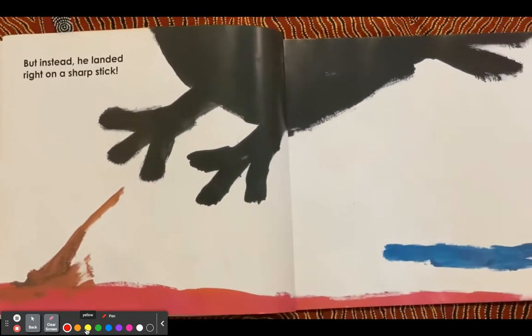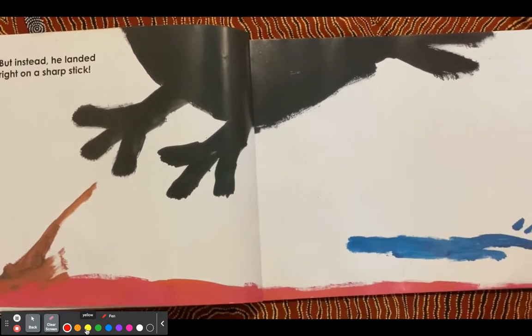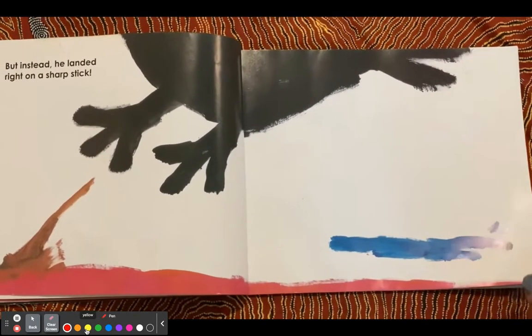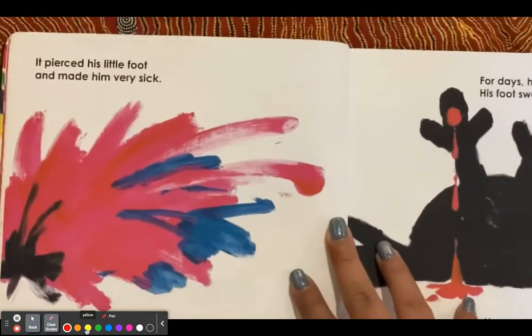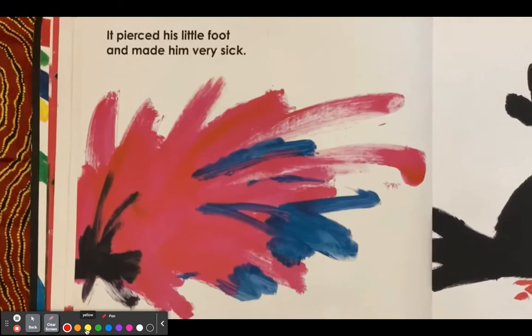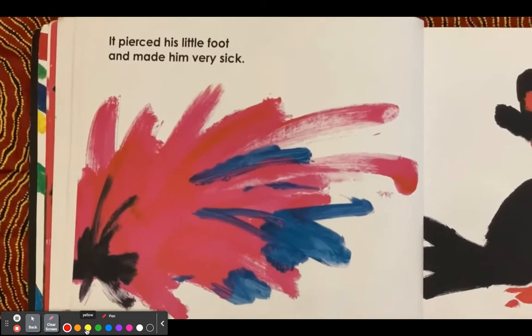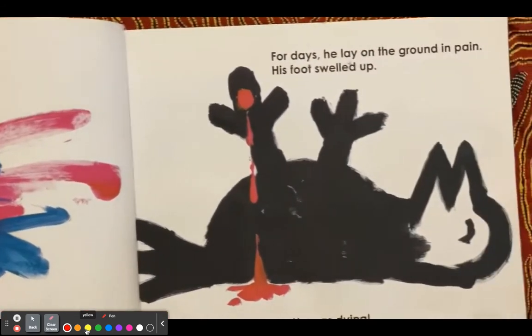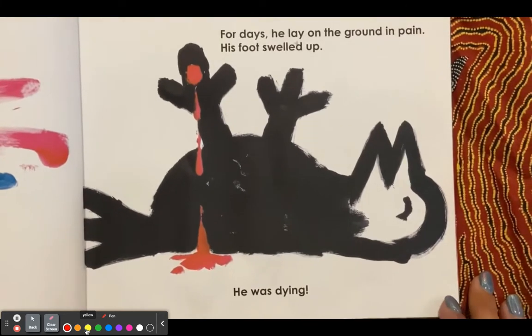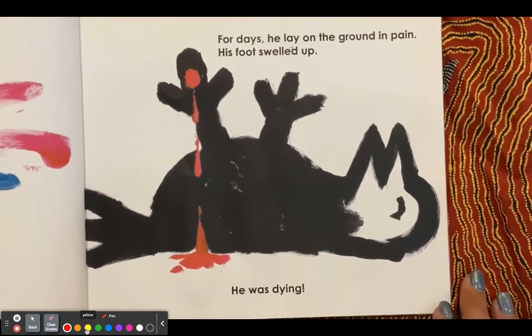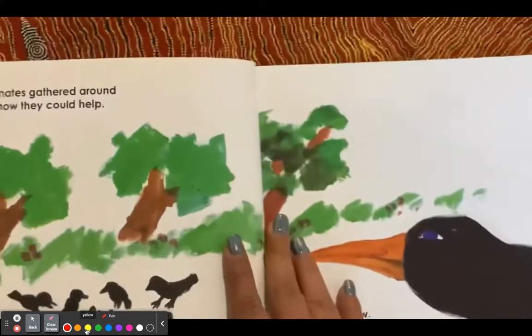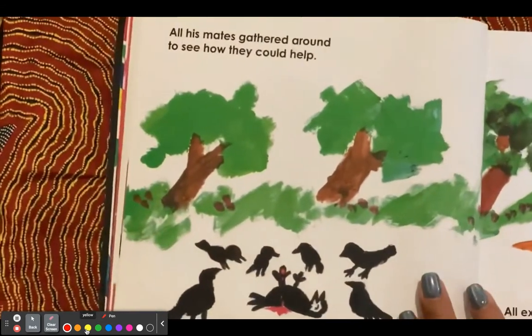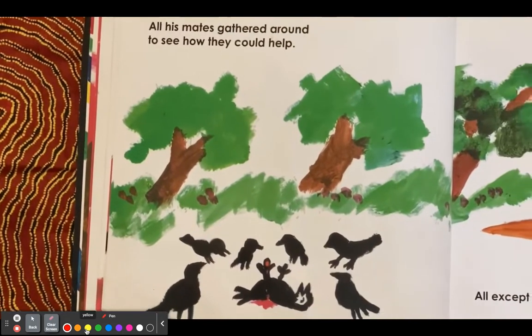But instead, he landed right on a sharp stick. It pierced his little foot and made him very sick. For days he lay on the ground in pain. His foot swelled up. He was dying. All his mates gathered around to see how they could help.